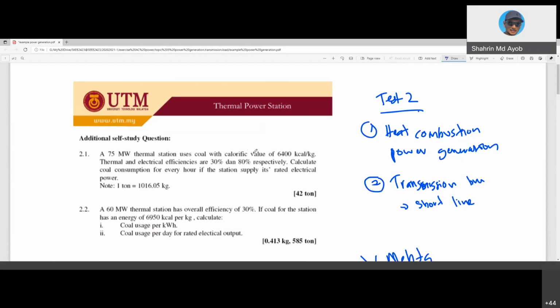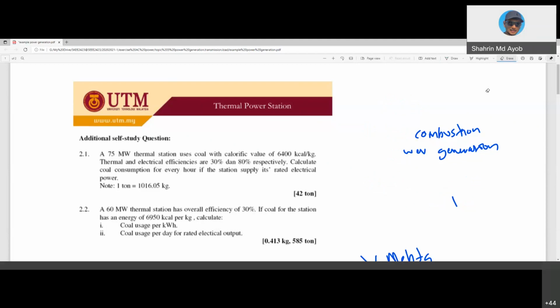So this coal has a calorific value of 6,400 calories per kilogram. And for the thermal station, we have two energy conversions, from the coal to heat, and from the heat to the electrical.